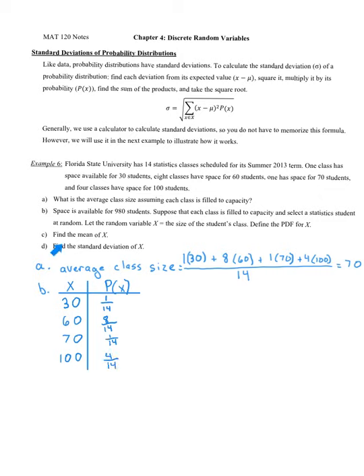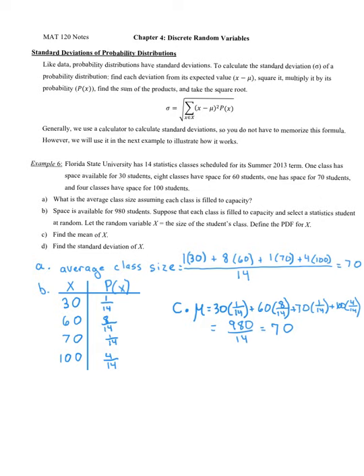In letter C, we're asked to find the mean of X, which is the same as the expected value. Remember our symbol for mean, and we're going to go ahead and take each of our variables, multiply them by their probability, and add all of those up. And that will equal 980 over 14, which will give us 70.